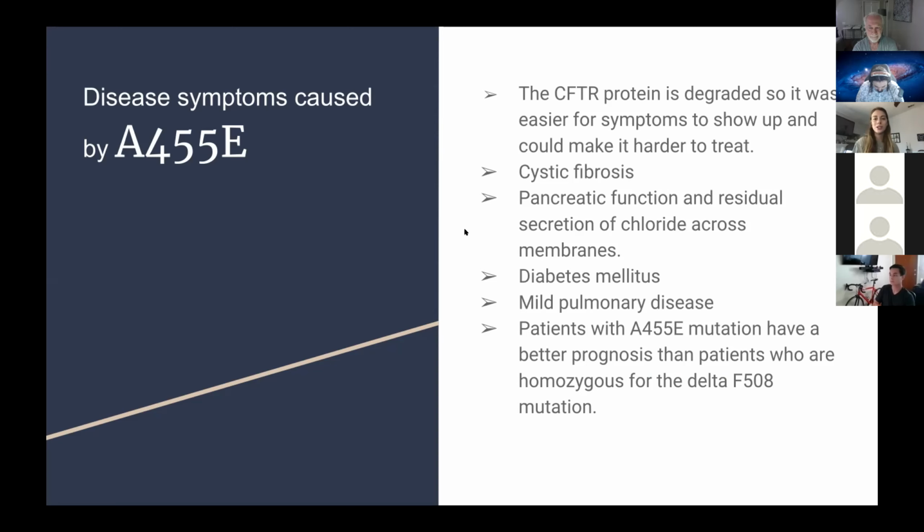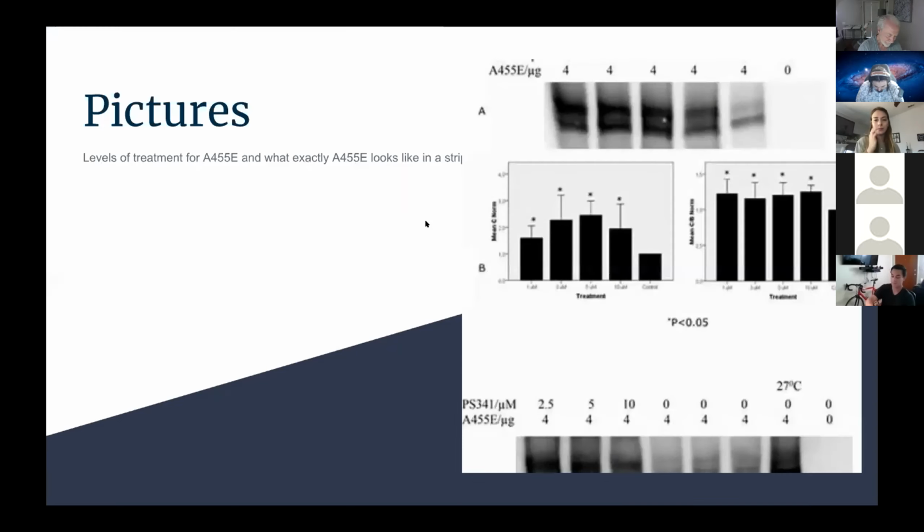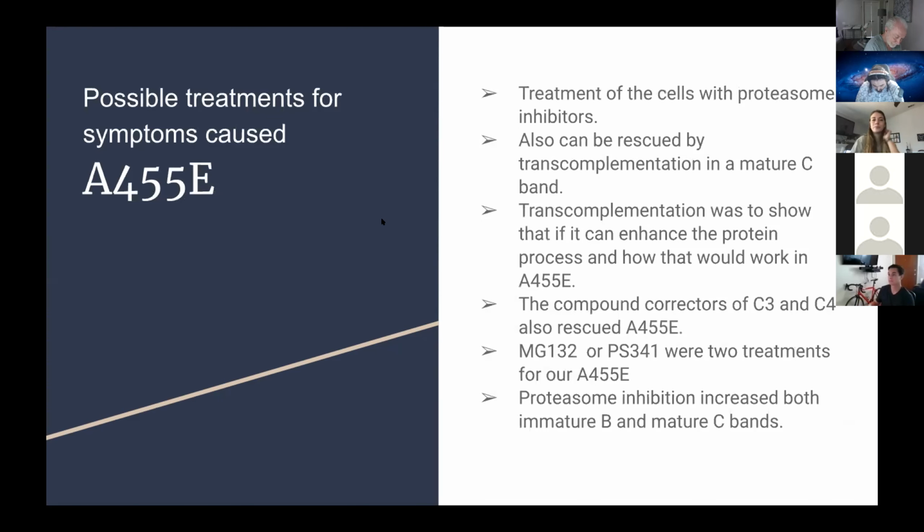F508 mutation. And then she chose this picture, levels of the A455E and what exactly it looks like in, I would say she said strip format or something like that. Symptoms, treatment of the cell with proteasome inhibitors.